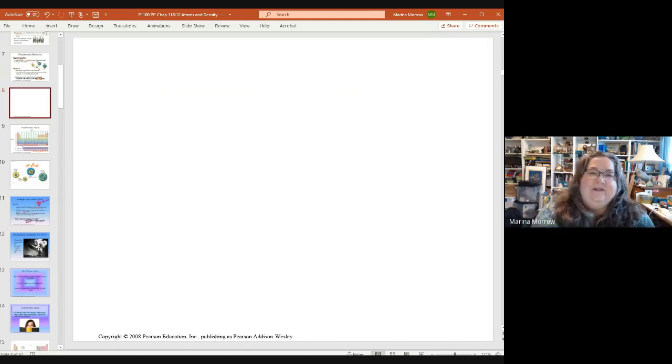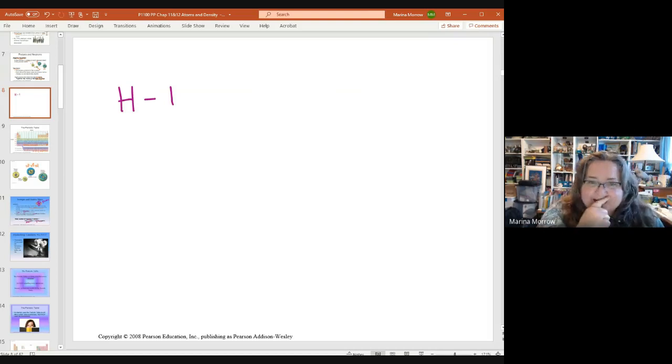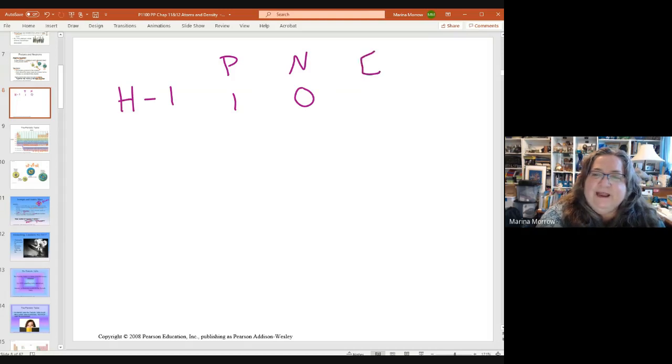So hydrogen actually has isotopes. Most hydrogen is hydrogen 1, like 99% of it. It has one proton, because it's hydrogen, and it has no neutrons. And it, of course, has one electron if it's electrically neutral.